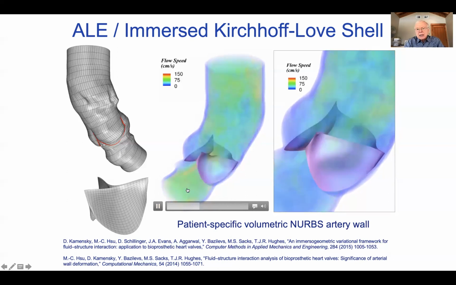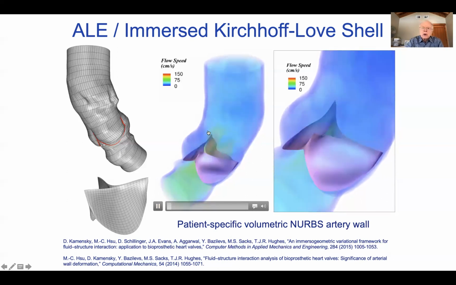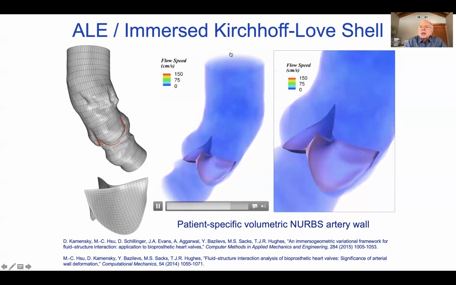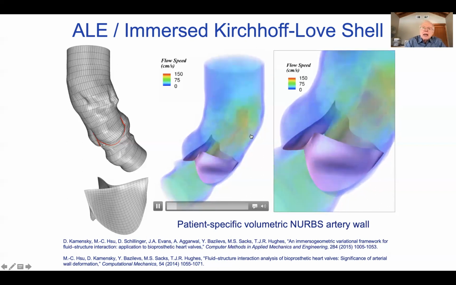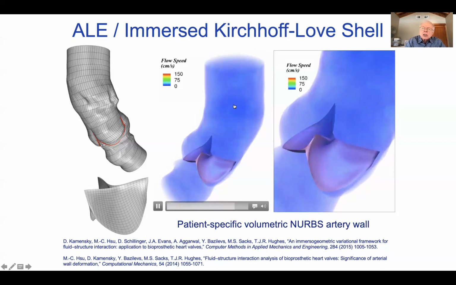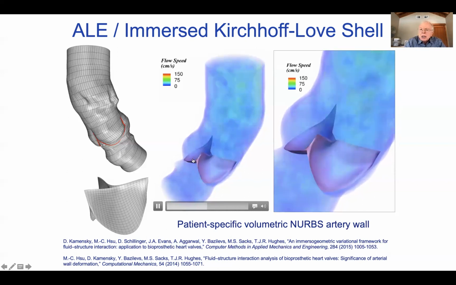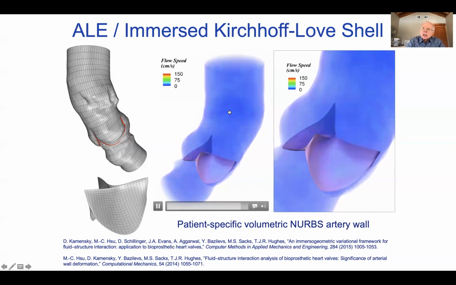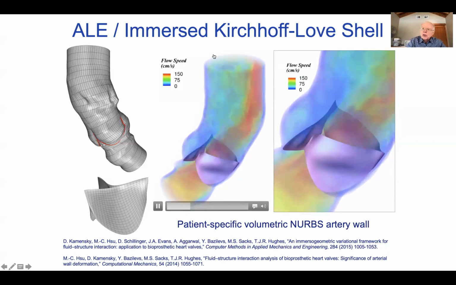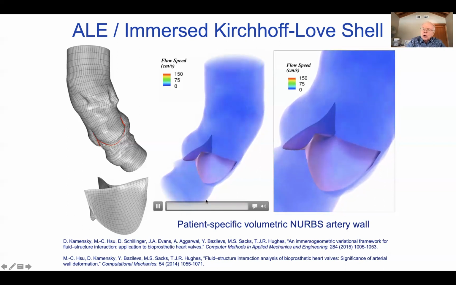And as the heart pumps into the aorta, it expands the wall, as you can see, so it's deformable. And we're solving the Navier-Stokes equations in 3D on the mesh inside. And of course, that mesh is an arbitrary Lagrangian Eulerian mesh. It's moving with the artery wall.